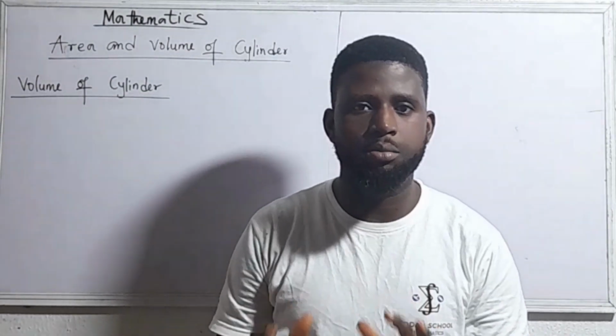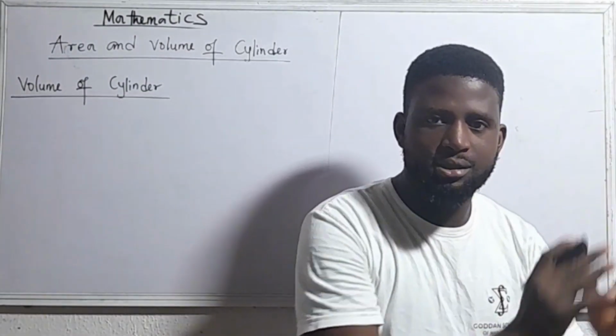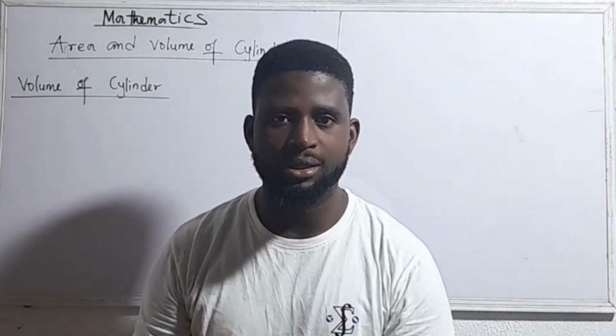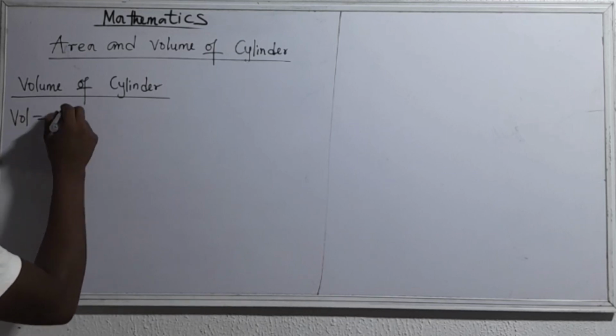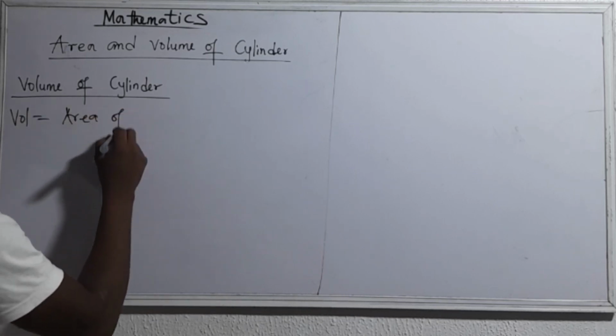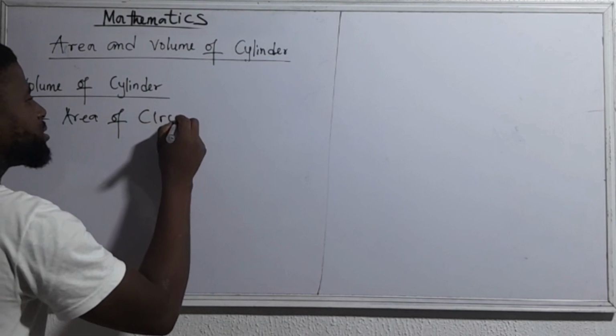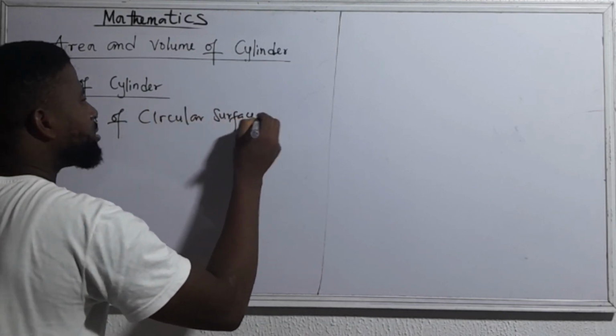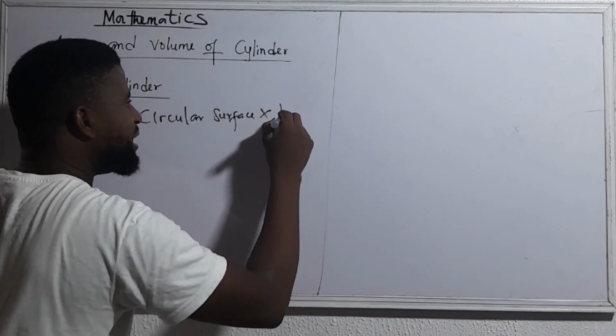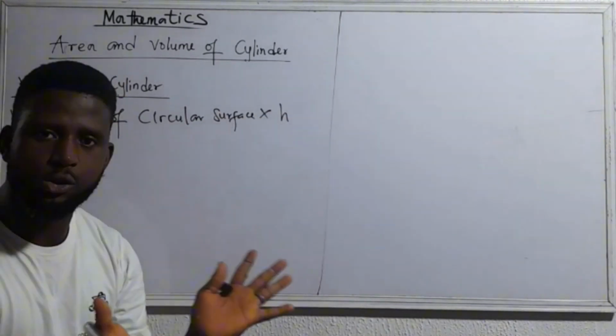Now a cylinder is made up of a circular part and a curved part. Now the volume of a cylinder is equal to the area of the circular surface, right, times the height of the curved surface.